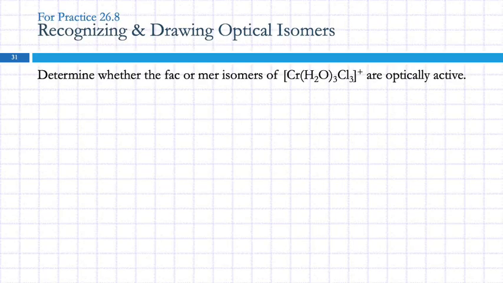So determine whether the fac or mer isomers of, let's see, what's that called? Triaquatrichlorochromium(IV), yeah, chromium(IV). Well, let's draw one of them.